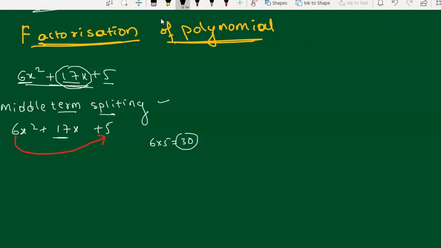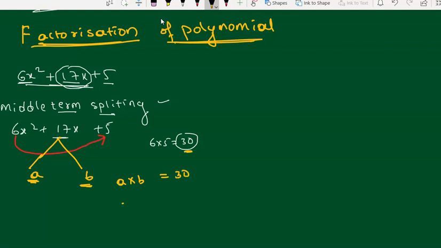We have to split this middle term into two terms. Let's say I am splitting it into two terms, A and B. How do you split? The product of A and B, whatever values you take, should give you this 30.